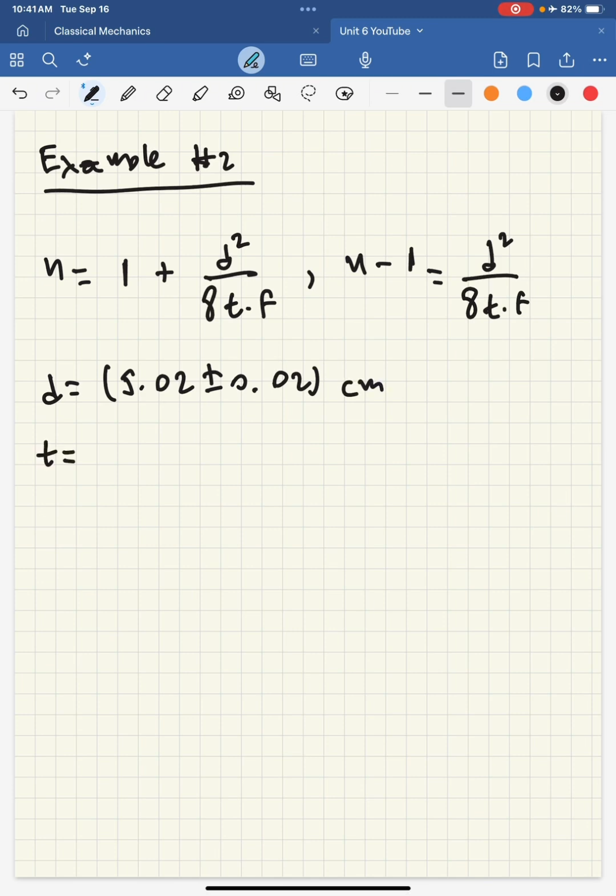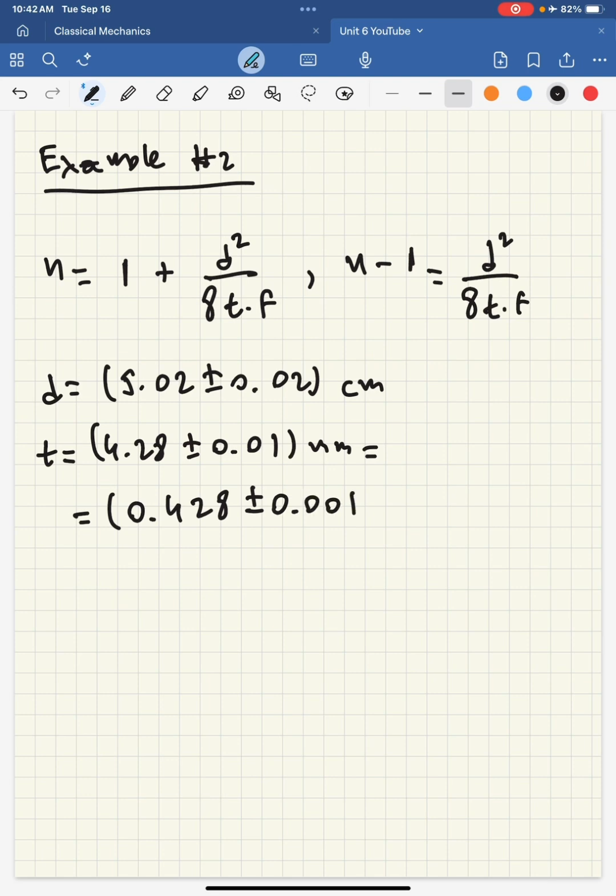Then t is 4.28 plus or minus 0.01 millimeters, which I converted to centimeters by dividing by 10, so 0.428 plus or minus 0.001 centimeters, and then f is 11.6 plus or minus 0.2 centimeters.